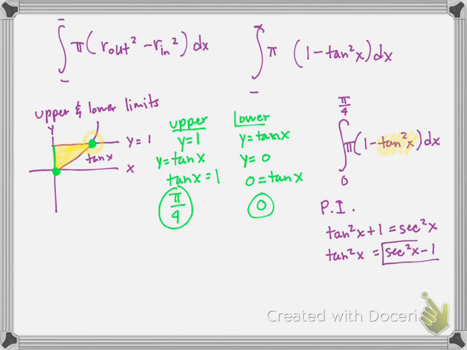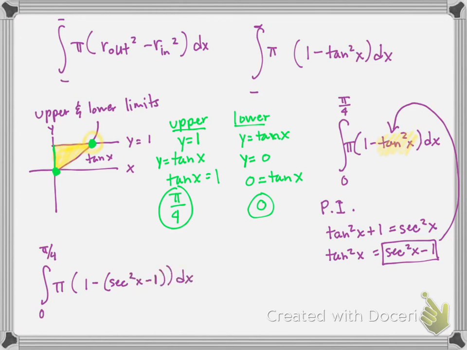I'm going to use substitution. So I'm going to substitute in secant squared x minus 1 in for tangent squared x so I can integrate this. So when I do that, I have 0 to pi over 4 pi times 1 minus secant squared x minus 1. So that's what I did the substitution so that I can integrate it.